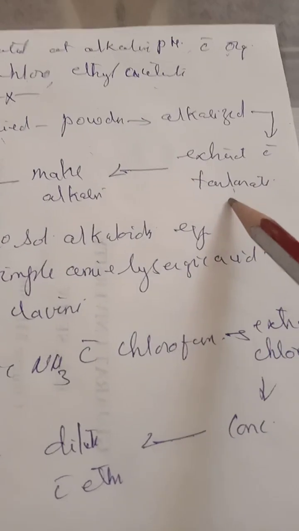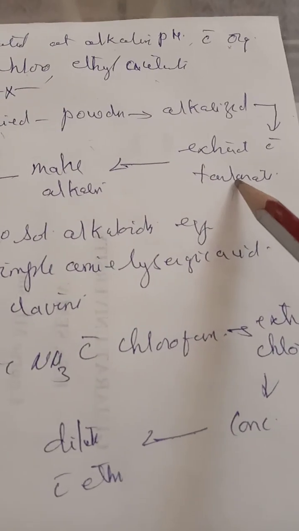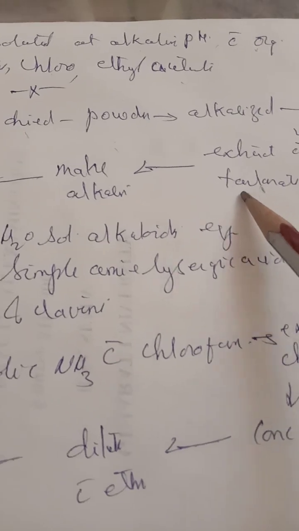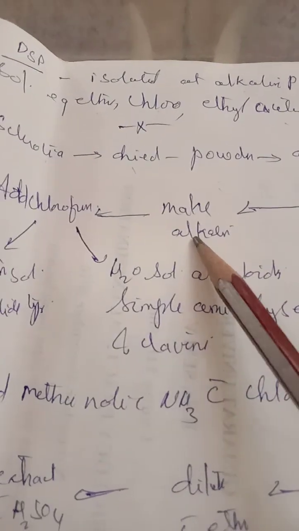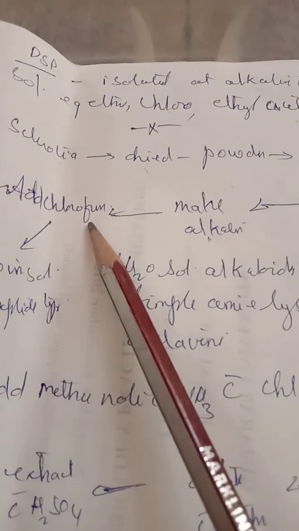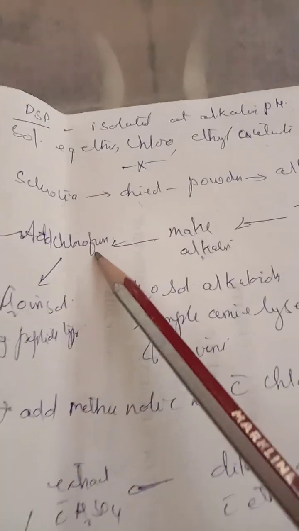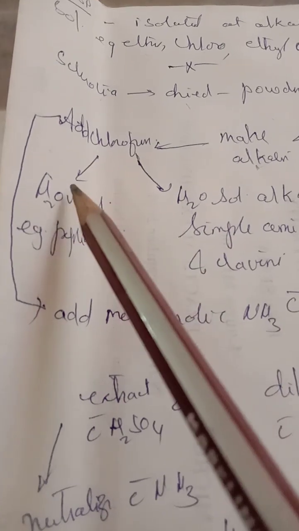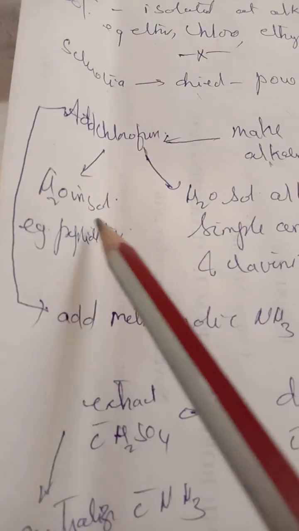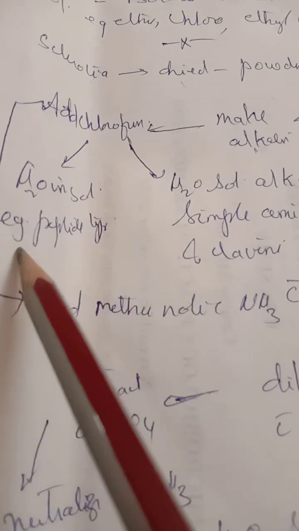When you are using tartaric acid, the pH is going to become acidic. So you again make it alkaline and then add chloroform. Now we know that ergot alkaloids are water soluble alkaloids and water insoluble alkaloids.